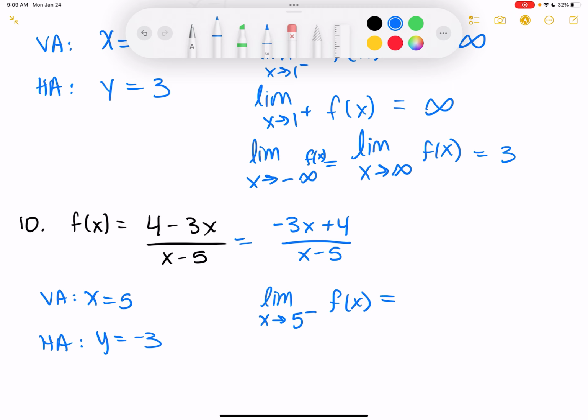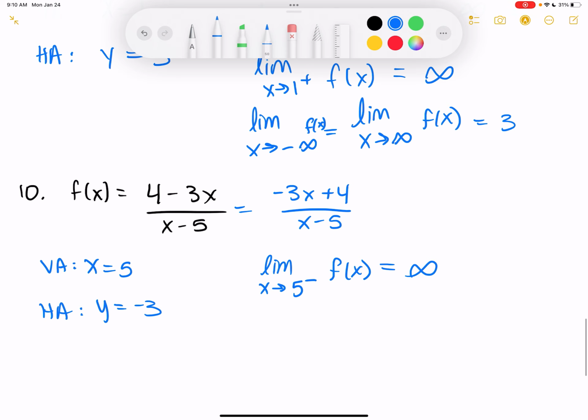So you're looking at like 4.999. So it's negative on the bottom, and it's negative on top. So it's positive.